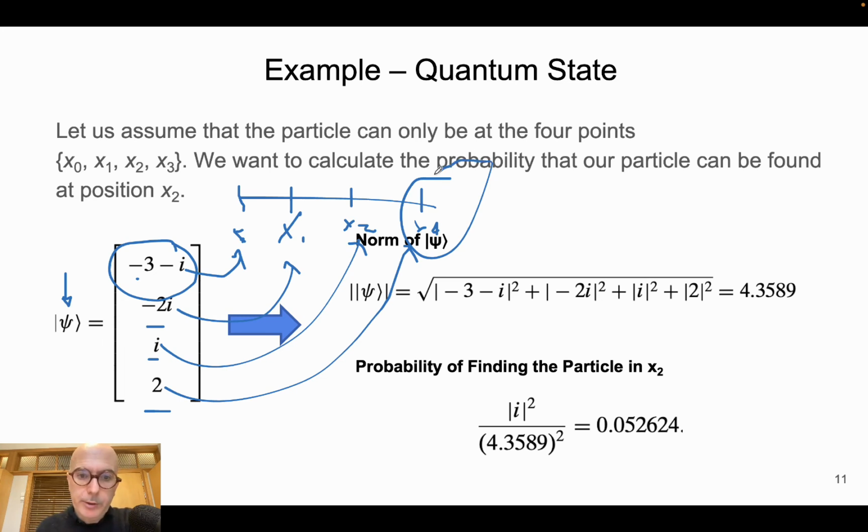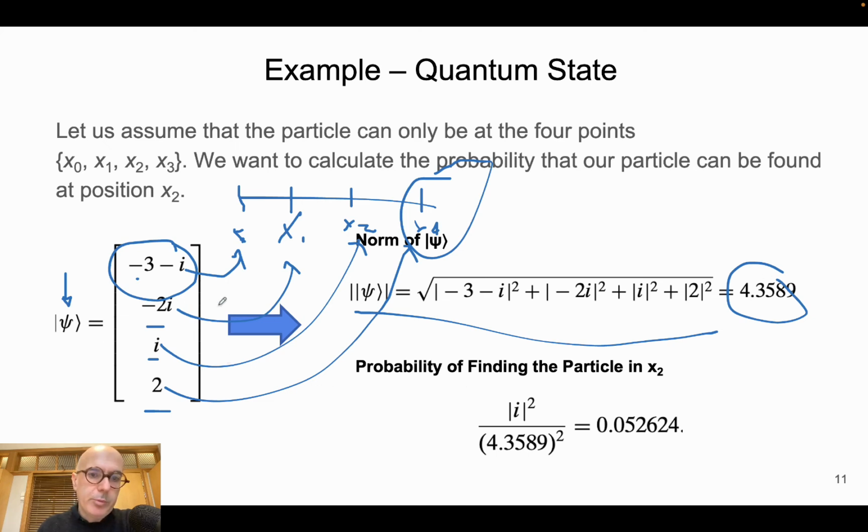As I told you, the first step is actually to normalize. If you take the sum of the squared amplitudes of these complex elements, it is now equal to 1. So we need to do normalization first. We take our psi, and we take the norm, that is 4.3.